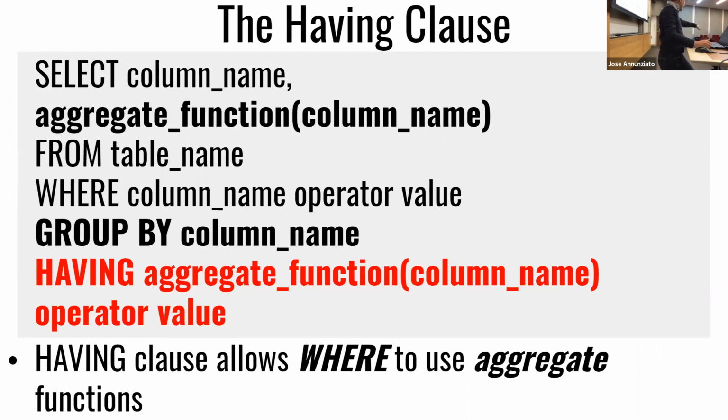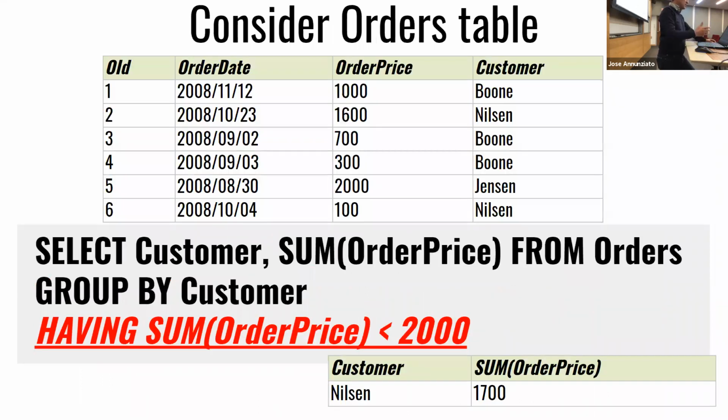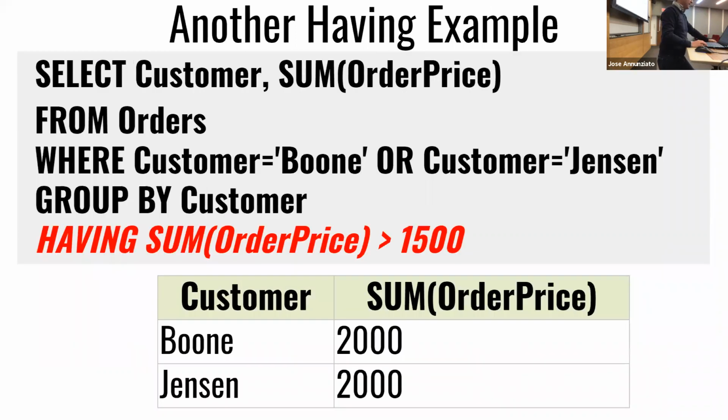Where you create the buckets, you can do the aggregation as if it were part of the where clause, and kind of fixes this limitation. All right, so here's just a couple of examples of doing aggregation on the where clause, adding up the orders that are less than 2,000, which you could use this type of query to identify now the average, the max number of A's for the section.